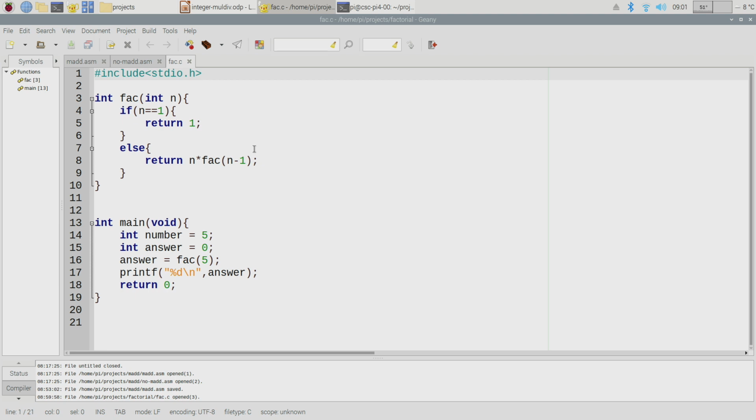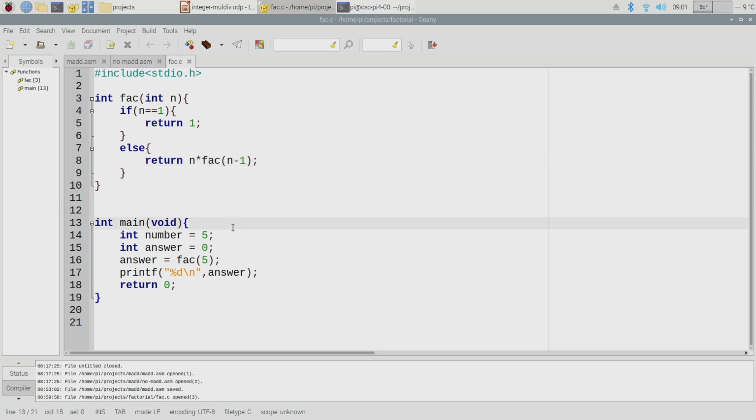Otherwise, what am I going to return? I'm going to return the number times factorial of n minus 1. And that's why it's recursive, because now it's going to call itself. Okay, good.